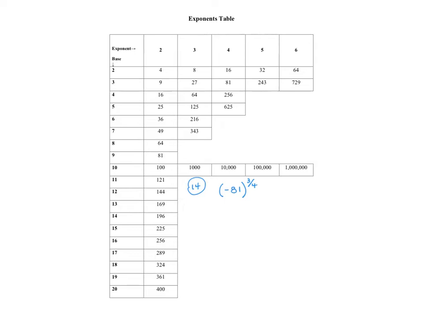And again, I prefer to take the root first so that I can make the number smaller. So it will be the 4th root of -81 raised to the 3rd power. And when we see it in this format, we should notice right away that a negative to an even root is not possible. So in this particular question, there is no solution.